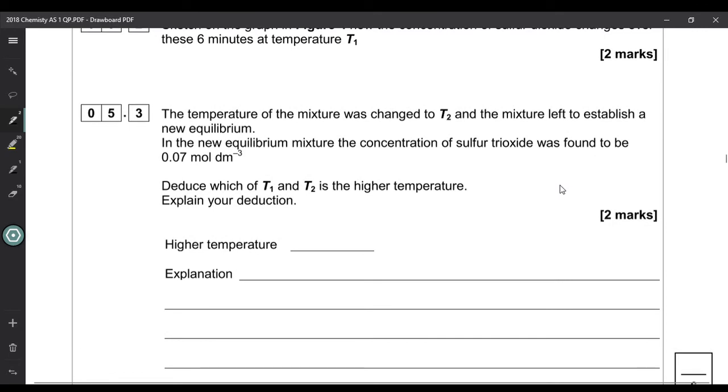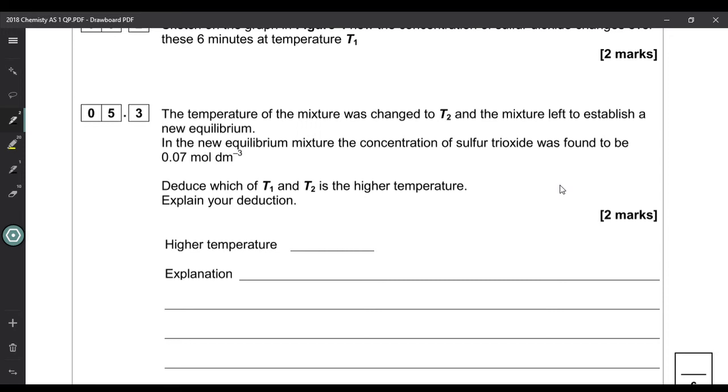So the third part of the question says the temperature of the mixture was changed to T2 and the mixture was left to establish a new equilibrium. In the new equilibrium, the concentration of sulfur trioxide was found to be 0.07. If we remember, looking at the graph, originally it reached equilibrium with 0.1 molar of sulfur trioxide left, and now there's less.